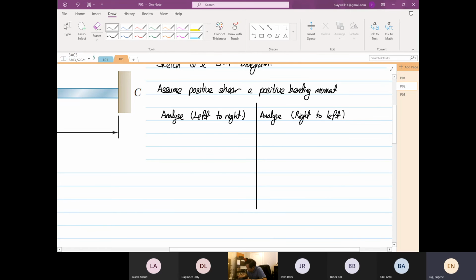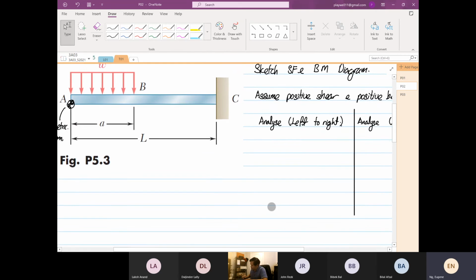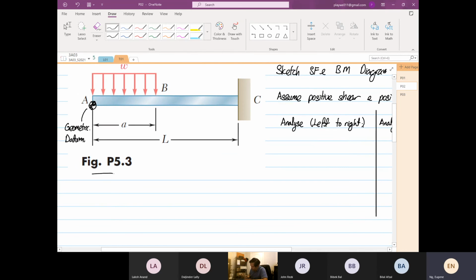Stop me anytime if you think I'm going too fast. Left to right analysis means it's going this way, and right to left analysis is going the other way. Regardless whether you do left to right or right to left, the geometric datum will never change. It will always stay there.